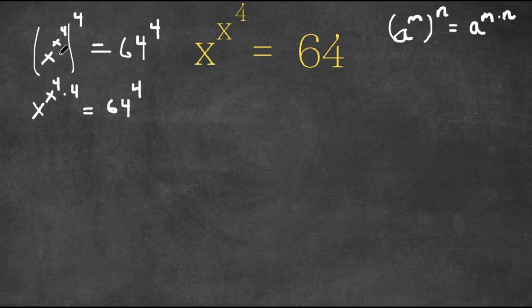However, now instead of x to the power of x to the power of 4 to the power of 4, I'm going to say x to the power of 4 to the power of x to the power of 4. And this is still equal to 64 to the power of 4.